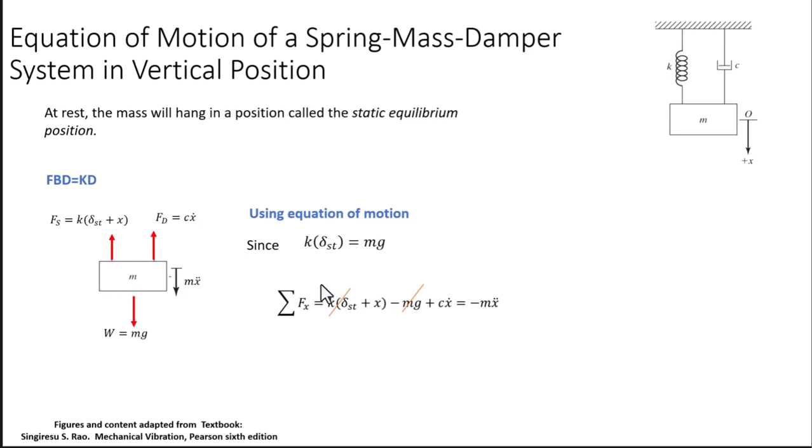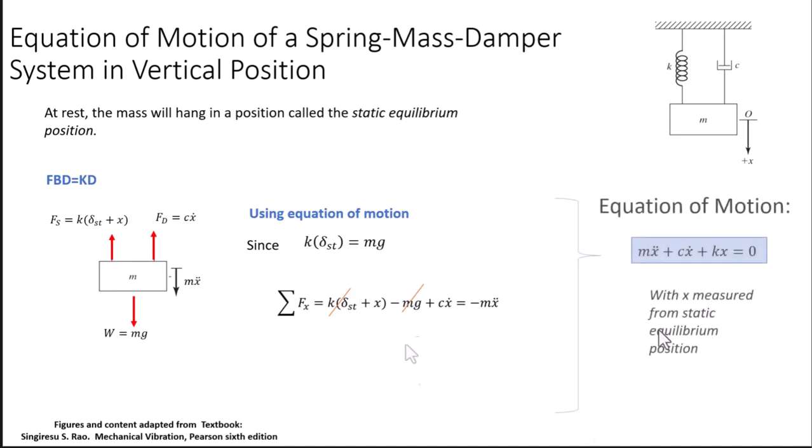We add forces in the vertical direction, and we see that since the static deflection times k is equal to the weight, we can cancel out these two terms. Therefore, the equation of motion will be the mass times the acceleration plus the constant of the damper times the velocity plus the constant of the spring times the displacement equals 0, because we don't have any external force.